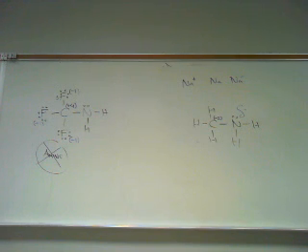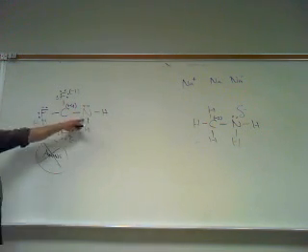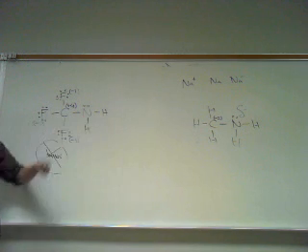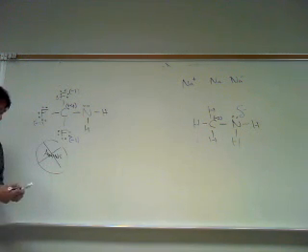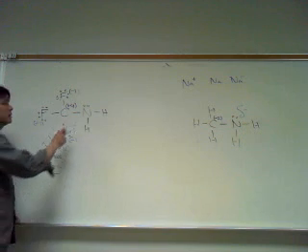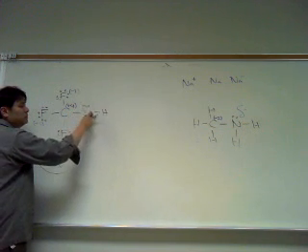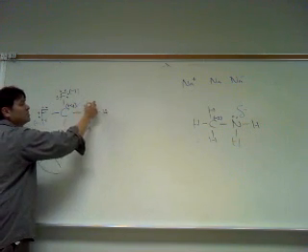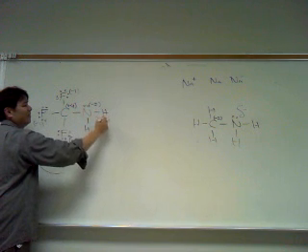It should be. No, because that's not a fair comparison. What's the oxidation state on nitrogen here? The oxidation state on nitrogen here is 2, 4, 6, 8, minus 3, plus 1, plus 1.